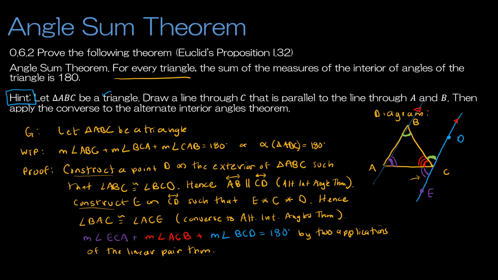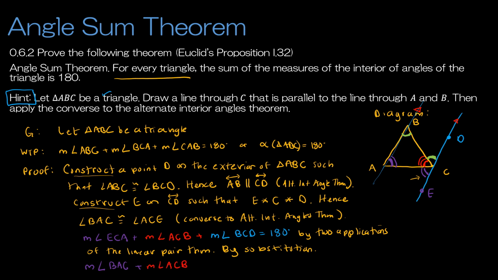And then I can say by substitution, and then I'm just going to replace the purple angles. So instead of ECA, I'm going to use the measure of BAC plus the measure of angle ACB.